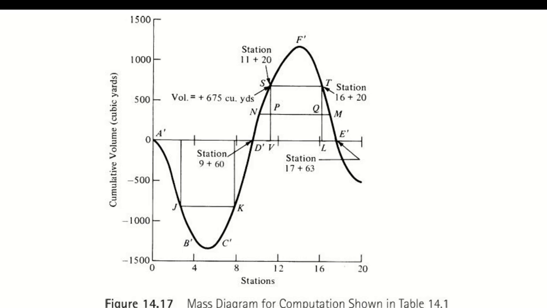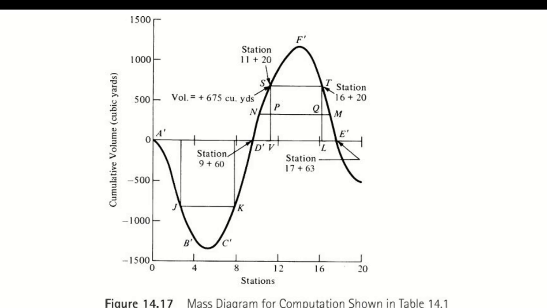Okay. To calculate the distance, if I just take the distance from the midpoint, I'm assuming that from start to end I have the same rate of material, but it's not correct. I may have more material between two stations and less material between the other two stations, right? So I will not take the distance as the midpoint of the total.